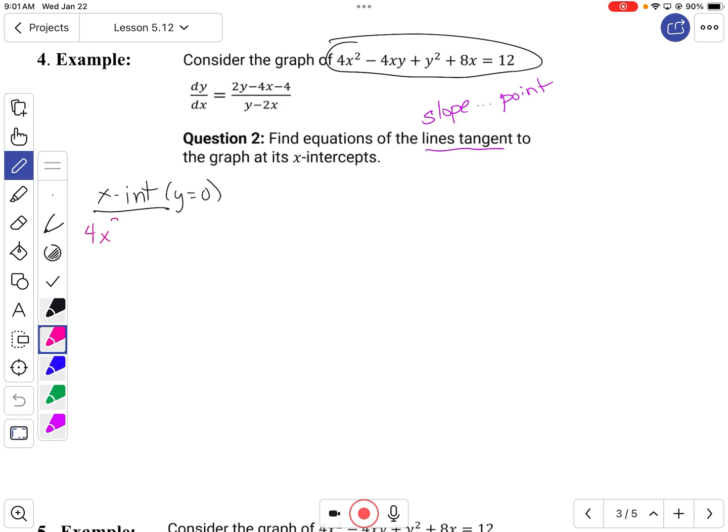So that gives me 4x squared minus 4x times 0 plus 0 squared plus 8x is equal to 12. Now this was probably all chosen on purpose, so that I could work through it. So that's going to give me 4x squared plus 8x is equal to 12. I'd really like to be able to solve for x.